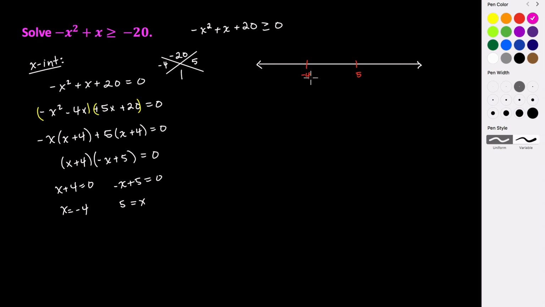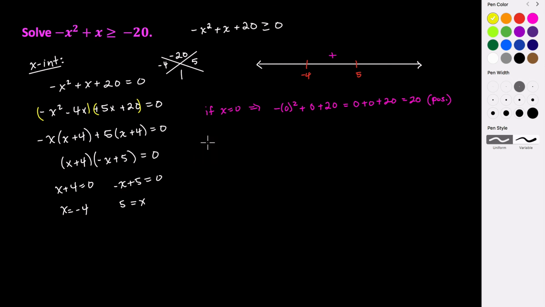Picking any value in between negative 4 and 5, I'm going to pick 0. If x equals 0, what is true about our function? Let's substitute it in. It's negative 0 squared plus 0 plus 20. That's just 0 plus 0 plus 20, which is 20. And that's a positive value. So in this interval, all of our values are going to be positive.